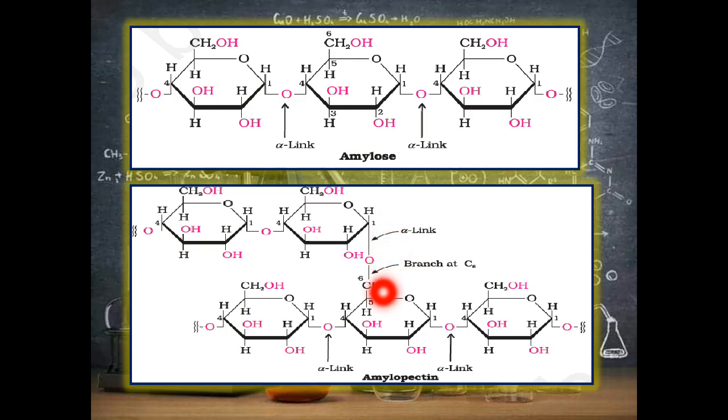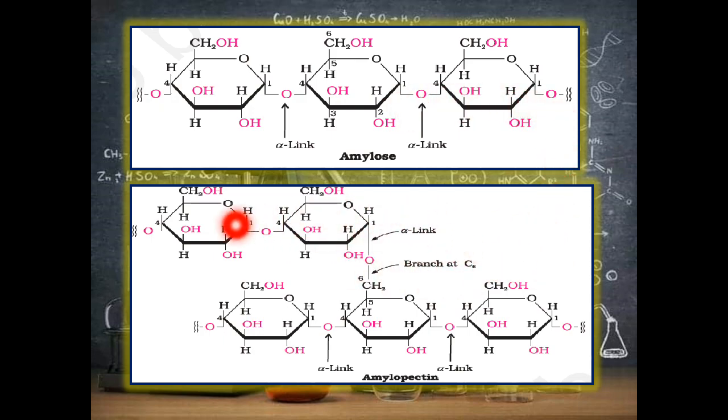In previous examinations the structures of amylose or amylopectin have not been asked, but the concept is important as far as competitive examinations are concerned. If they ask in the examination, they are very simple. In case of amylose, write alpha D plus glucose, show the C1 C4 linkage and show continuation of the chain.